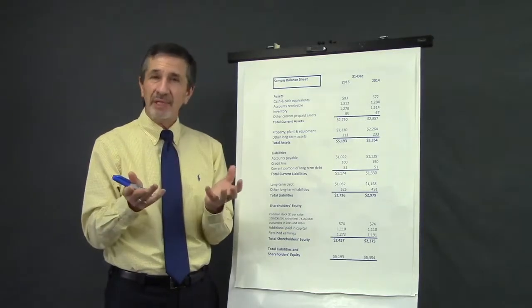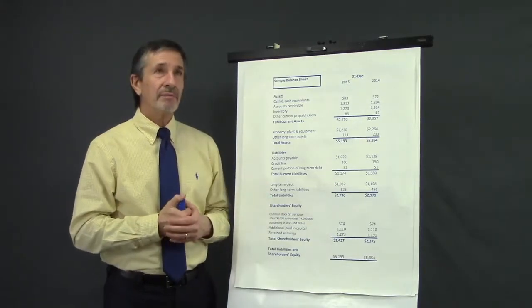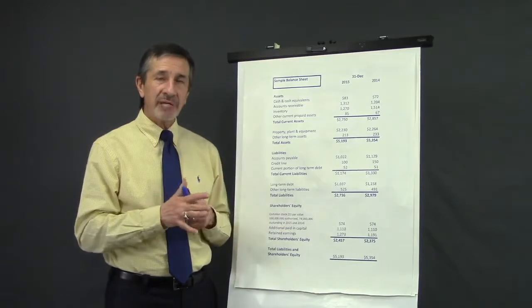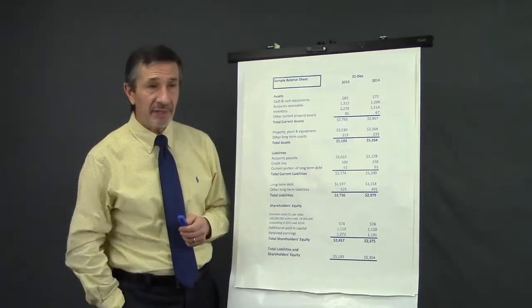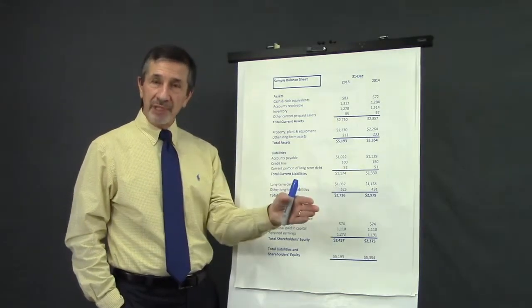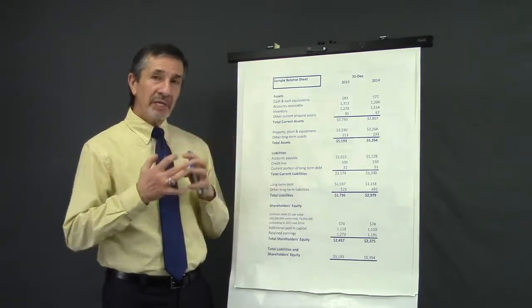So what is equity? Some people think about equity as really sort of stock. Well, in some ways it is, but really it's the amount of money that the original owners put into the organization. But it's also the accumulated profit.